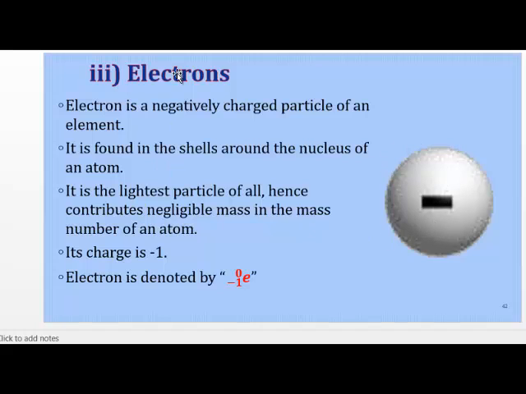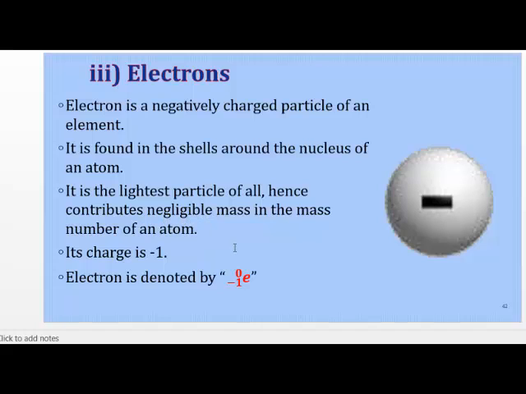The electron is the lightest particle of all. That's why it can move, and hence contributes negligible mass to the mass number of an atom. From this statement we have to know that the mass of an atom is measured from the nucleus.